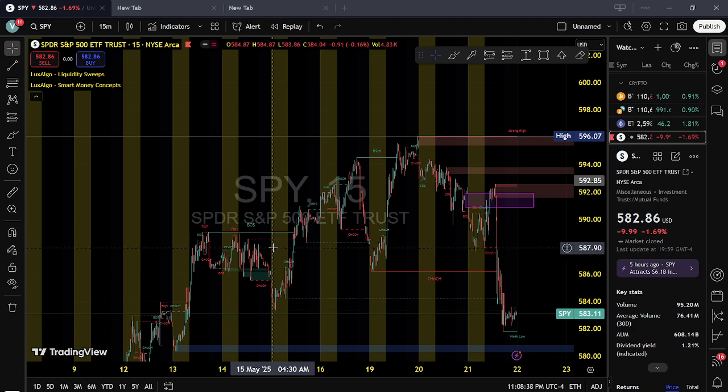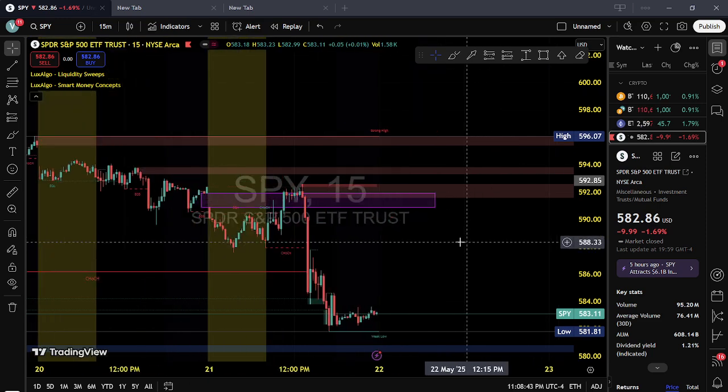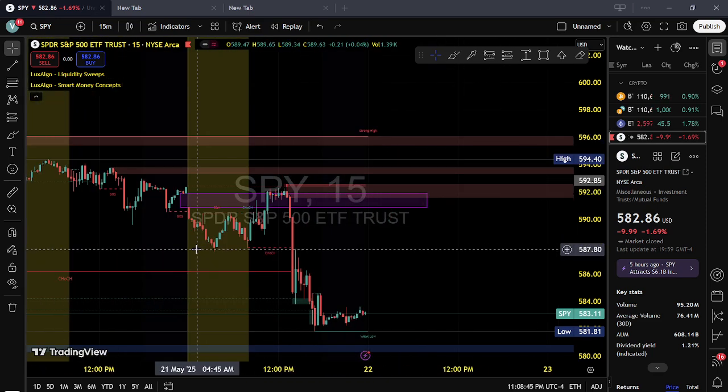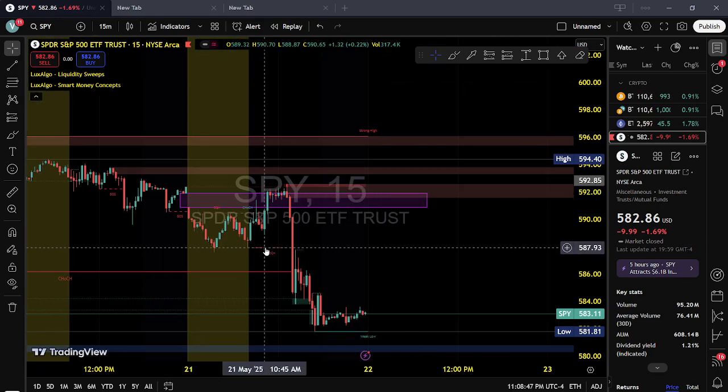However, we again see a resistance right over here, because that is where the low of the day is. And definitely the low of the day will now act as resistance, because the 587 was mitigated right in the pre-market, so that will be the new resistance.